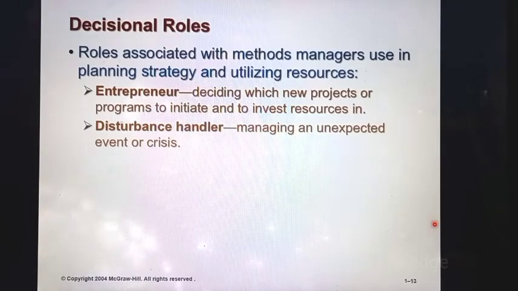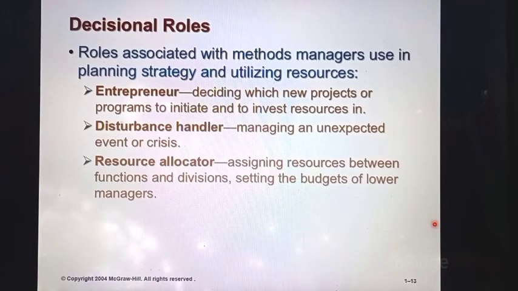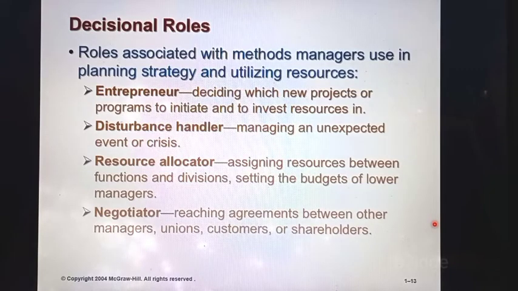Disturbance handler, when managing an unexpected event or crisis. Resource allocators, when assigning resources between functions and divisions, setting the budgets of lower managers. And they are also negotiators, when reaching agreements between other managers, unions, customers, or shareholders.